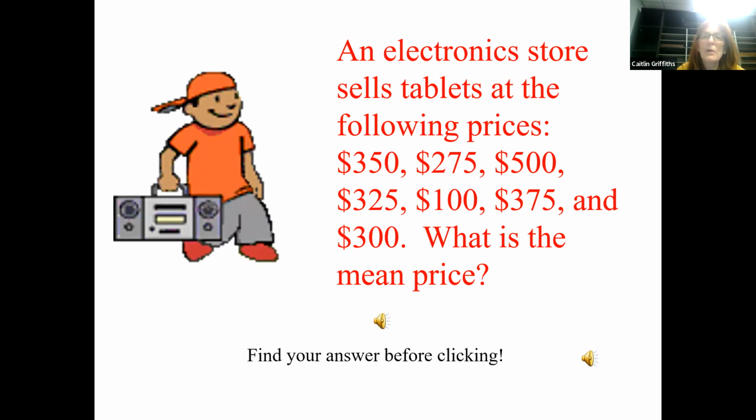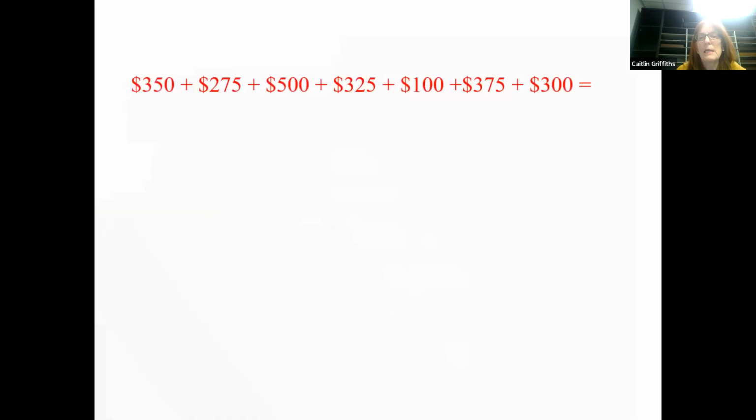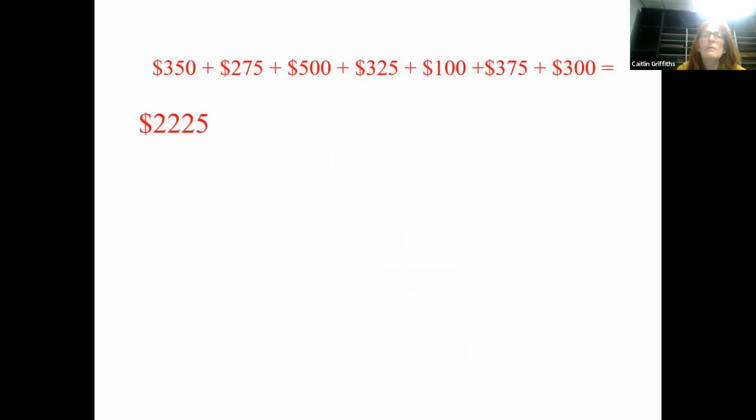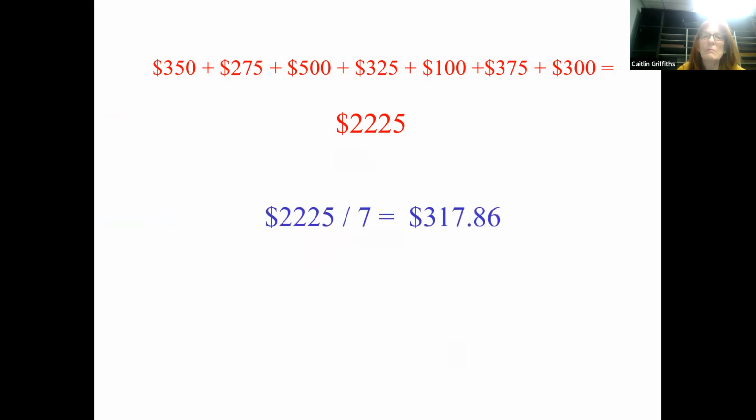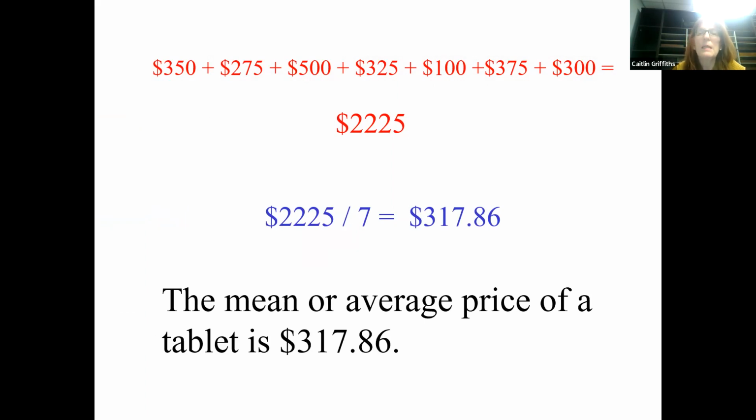Again, we're going to find the answer on our own before checking the answer that's given, by adding everything up, coming up with $2,225, dividing by the number of data points, which is 7, and getting $317.86. So the mean is, of course, $317.86.